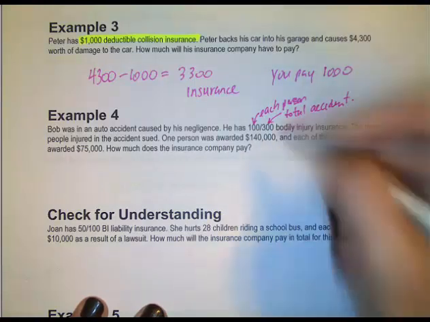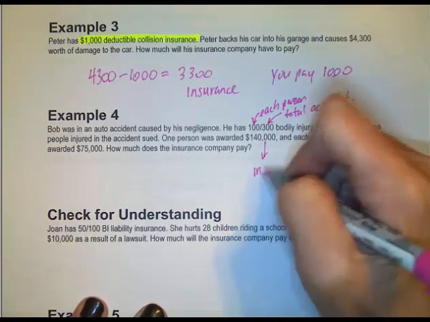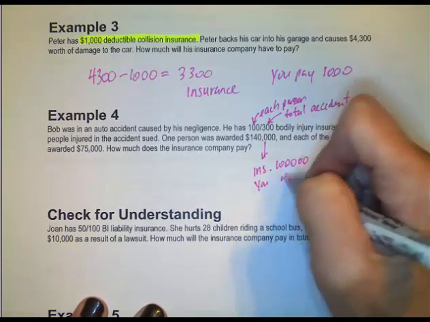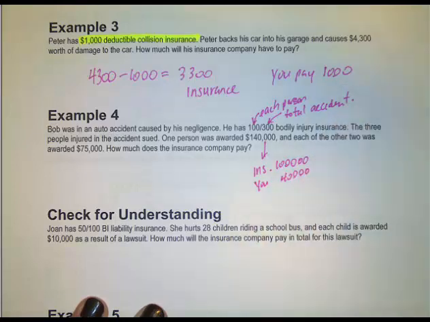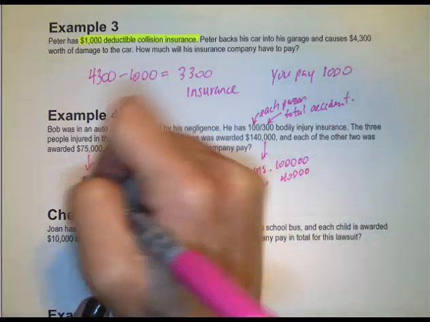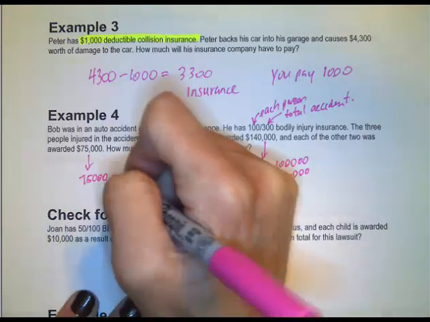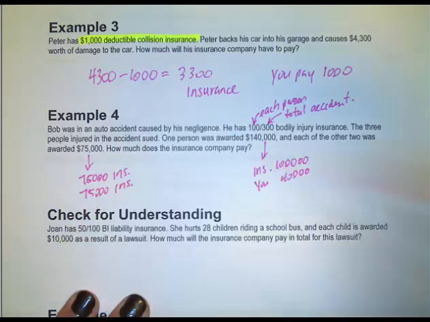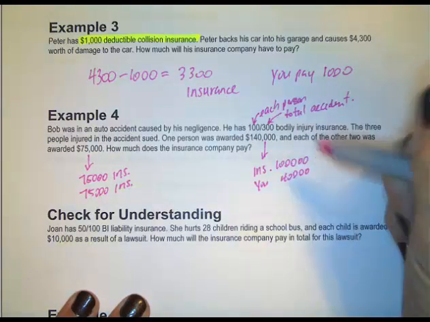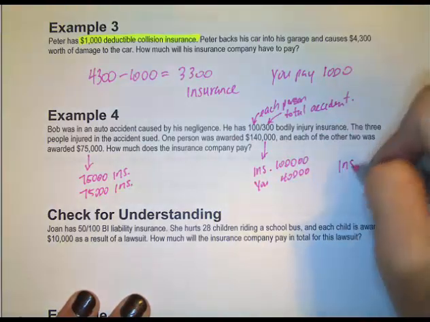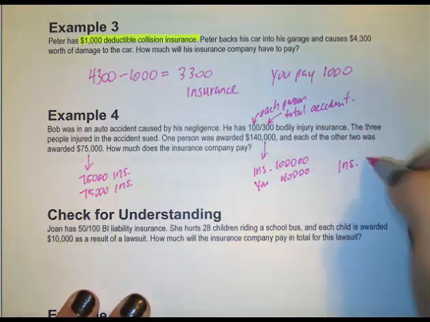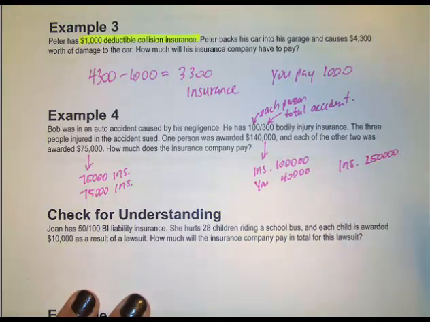So this person, the insurance is going to pay $100,000. You are going to pay the $40,000. So this one, $75,000, the insurance is going to pay for both of them. So now total, the insurance company is going to pay $150,000 and $100,000, so that's $250,000 the insurance is going to pay.